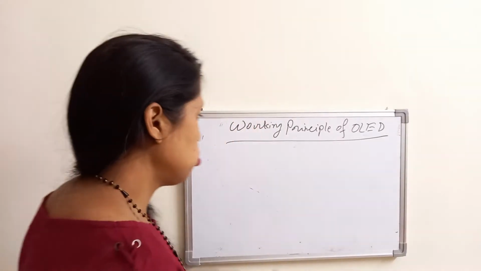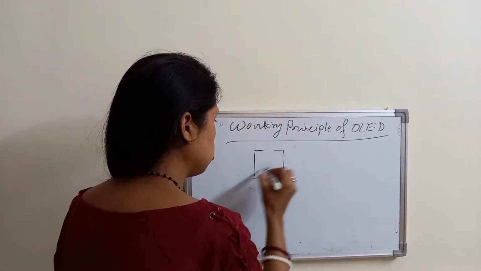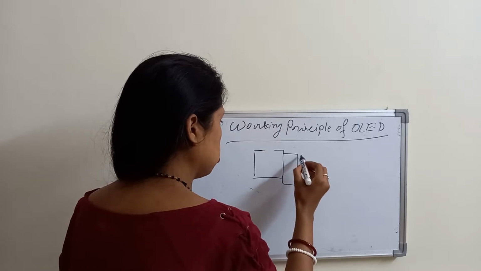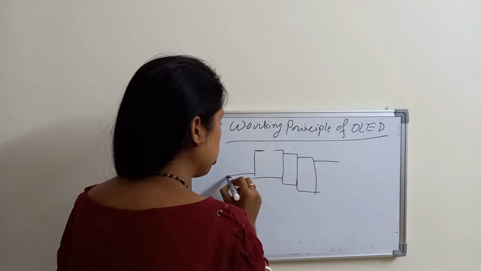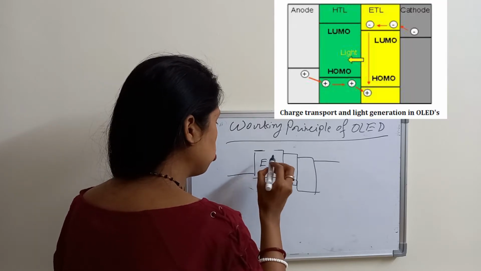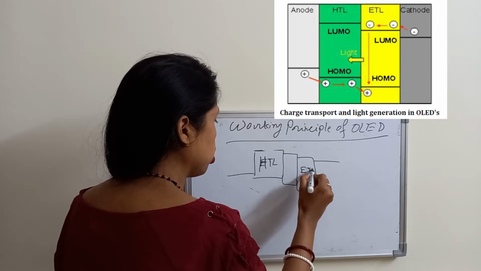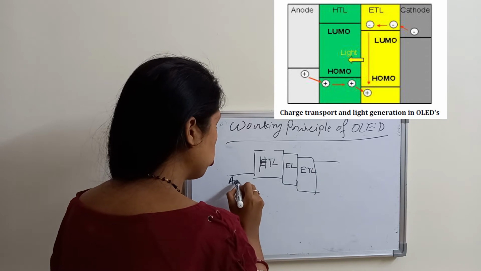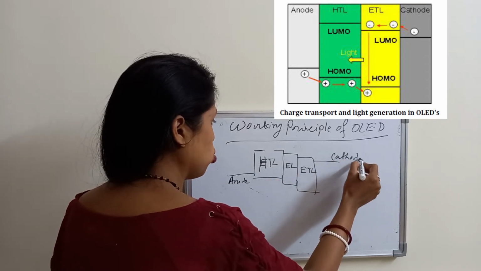So normally here I am just drawing a normal structure. Okay, so this is the hole transport layer, electron transport layer, emission layer. This is the anode and this is the cathode.